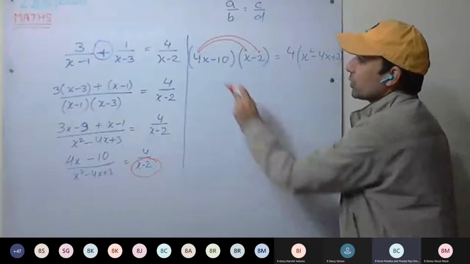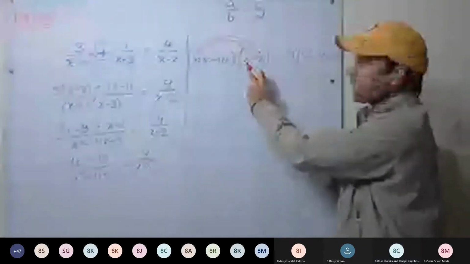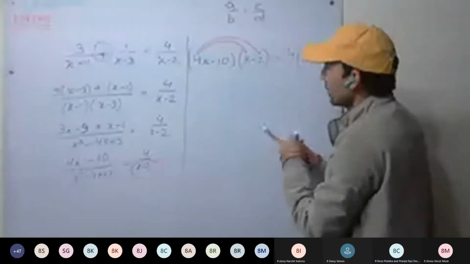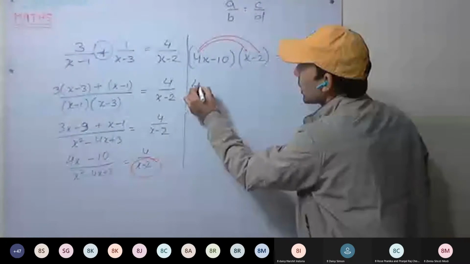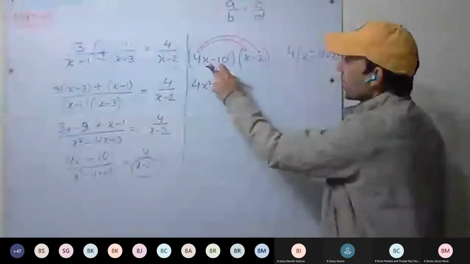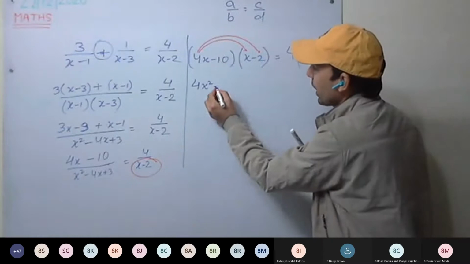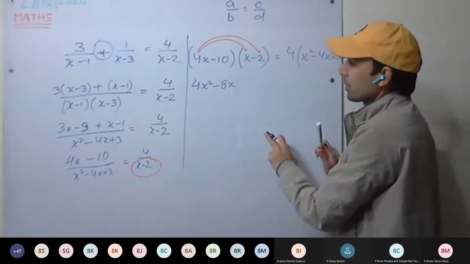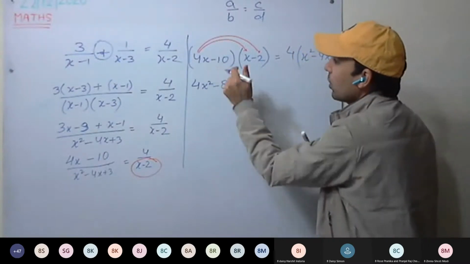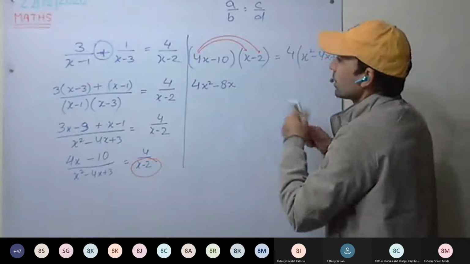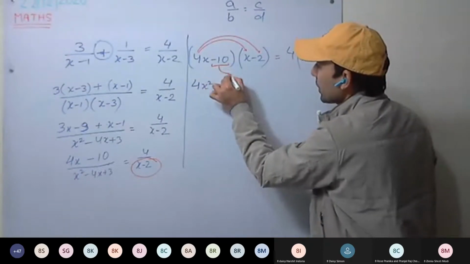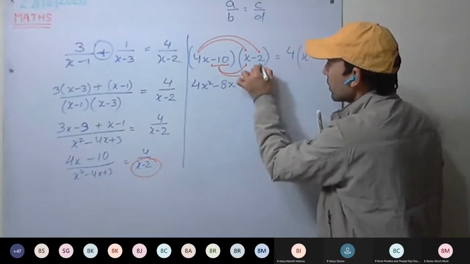This one first. So 4x will be multiplied with x first. What are we getting? 4x square. 4x into minus 2, remember, minus 2, so minus 8x. Is it fine? Now this minus 10 will be multiplied with x and minus 2.